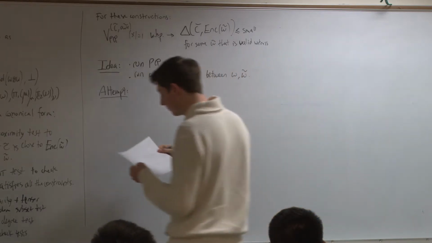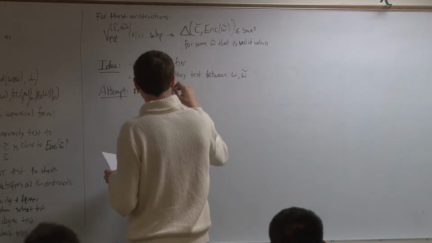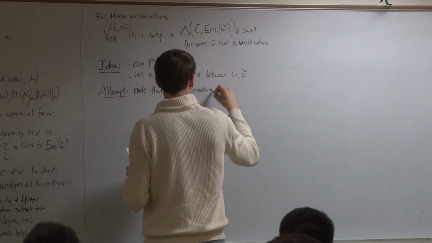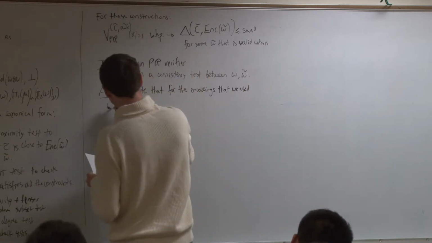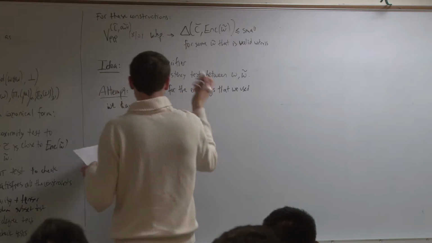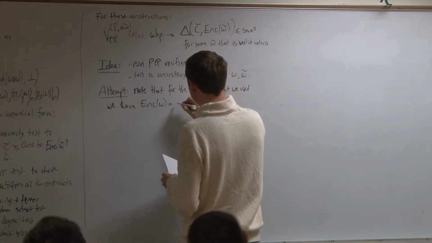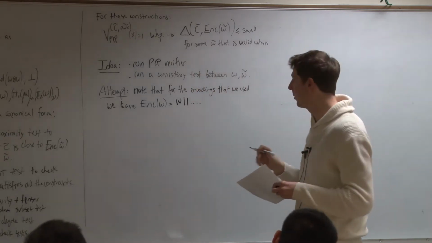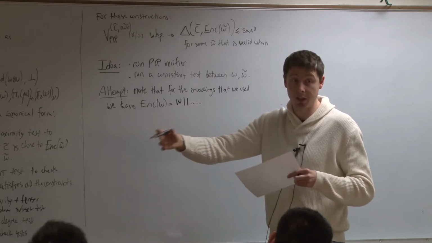So, for example, note that for the encodings that we used, an encoding of W, or anything really, looks like W and other stuff. When you encode, the message is still there, and then you add more stuff, like redundancy.